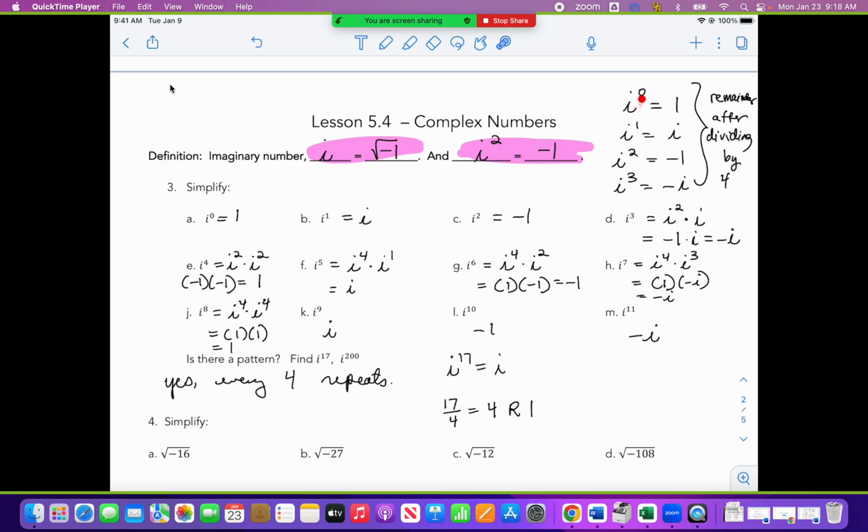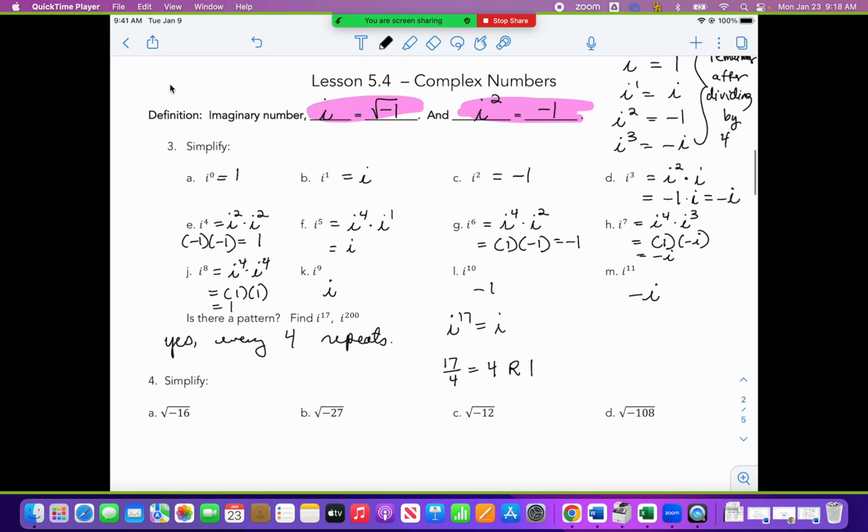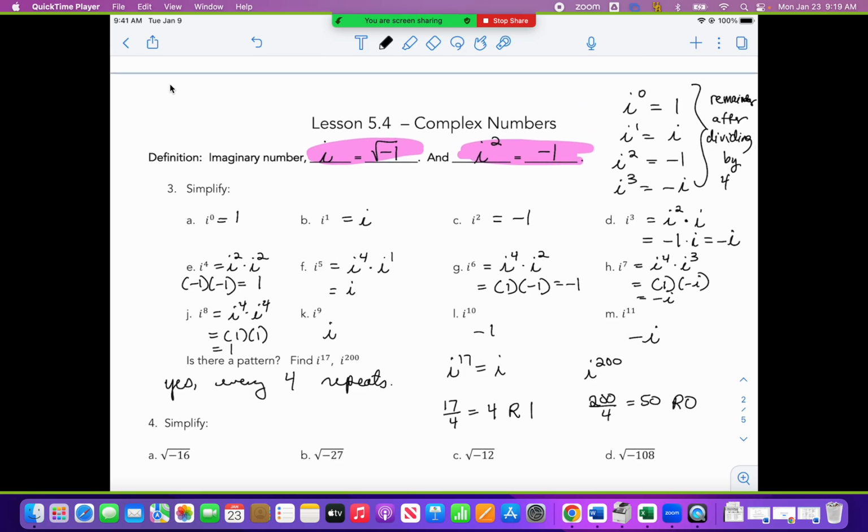This is the remainder: no remainder, remainder 1, remainder 2, remainder 3. So if I want I to the 200, what's 200 divided by 4? There's no remainder, right? So what would that be? 1.